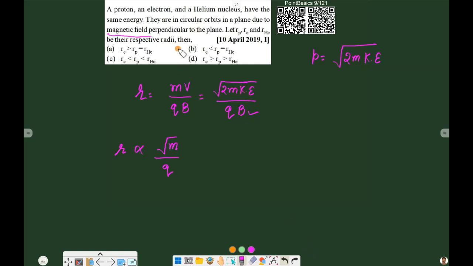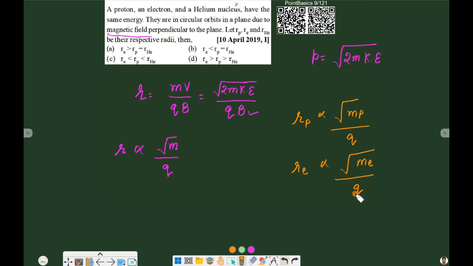Let's first compare the proton and electron. The radius for proton is proportional to root of mass of proton by charge of proton, and the radius of electron is proportional to root of mass of electron by charge of electron. Here we are only taking the magnitude of charge, not the positive or negative sign.